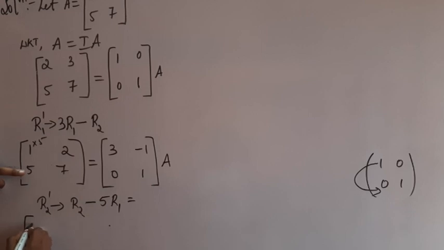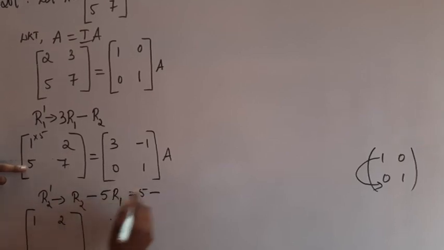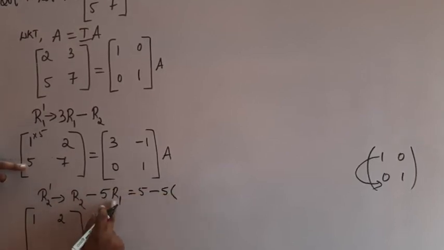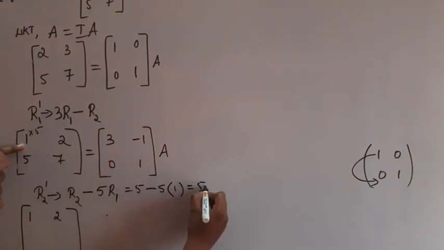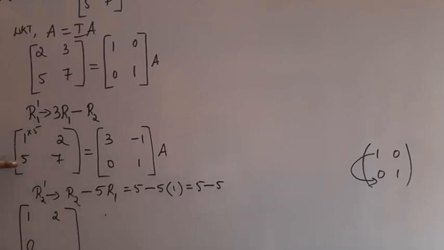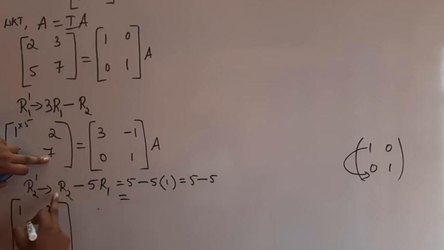So write the first row as it is, that is 1 2. Okay. R2 is 5 minus 5 into R1. The corresponding R1 is 1, which is equal to 5 minus 5 ones are 5. What is 5 minus 5? It is 0. Okay. Next move on to the second element. Same formula R2.